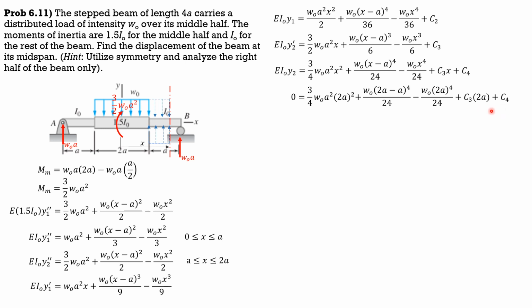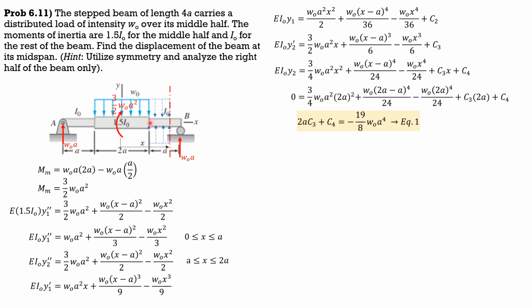So setting up this equation, 2a C sub 3 plus C sub 4 equals, so make this positive, then minus this value, these are all like terms, equals negative 19 over 8 w0 a to the fourth.